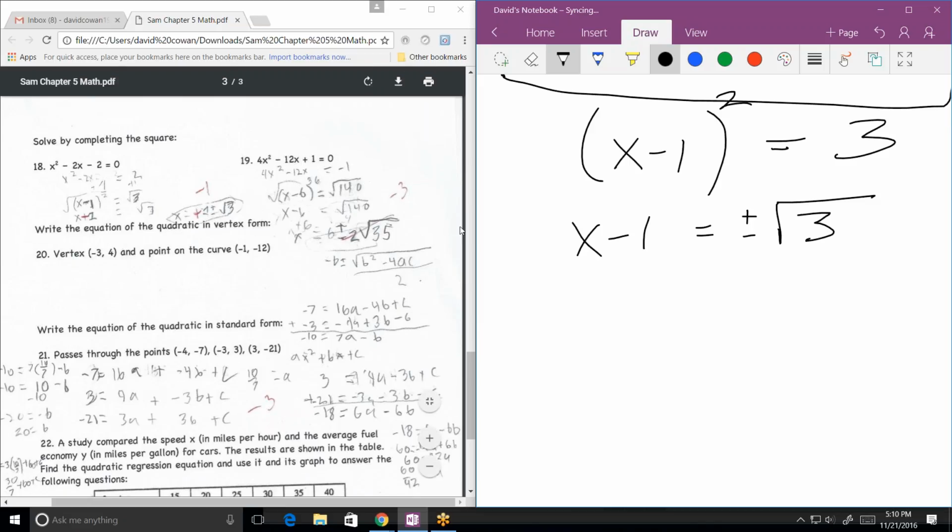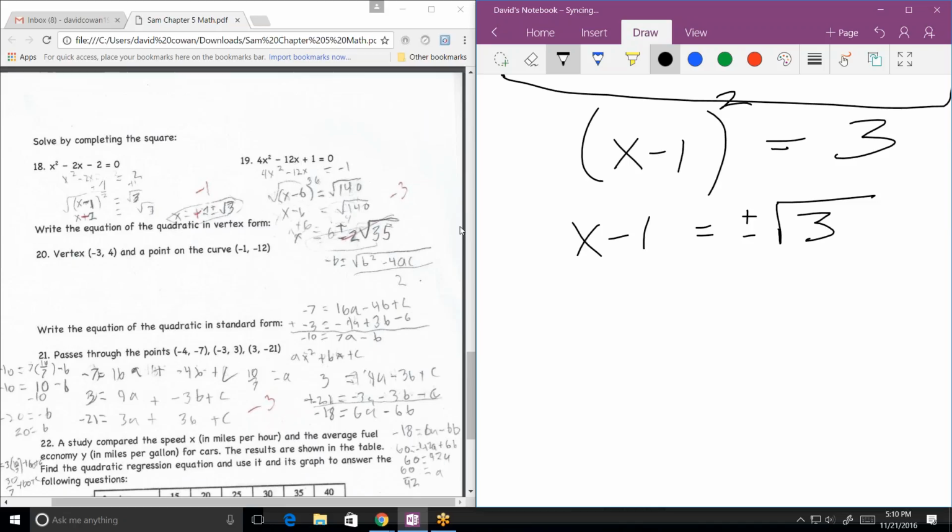Okay. Hold on one second. Let's go through the complete solution. You see how I get this step? First of all, whenever you're solving an equation by taking the square root of both sides, always begin your answer with plus or minus. Always. Now what's the next line? Because I'm still trying to solve for x.